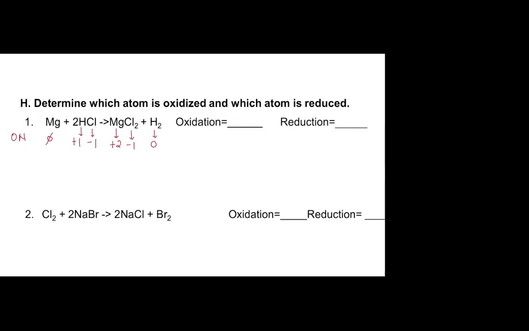HCl is a covalent compound, but because we have to take into account that halogens are -1, we tend to see that in many of them, the first element is going to have a positive oxidation number, and the second one is going to have a negative oxidation number. Other questions in terms of the oxidation number assignment? Again, I'm assigning the oxidation number per element. I'm not looking into the overall oxidation number.